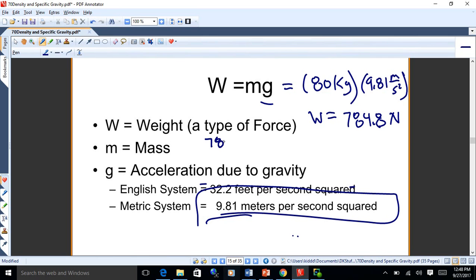Now, if you've got 784.8 newtons, and it's roughly about 4.45 newtons per pound, you could get that converted into pounds.